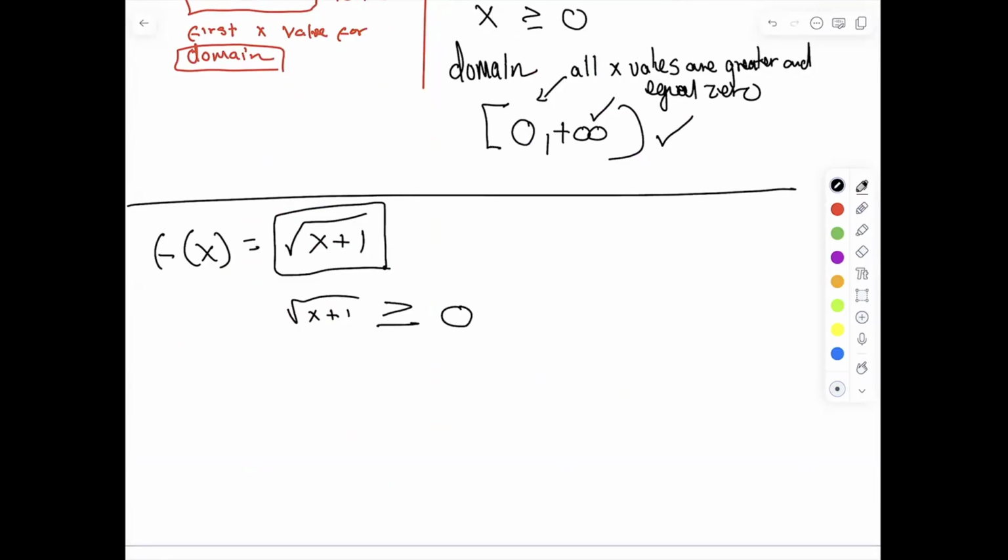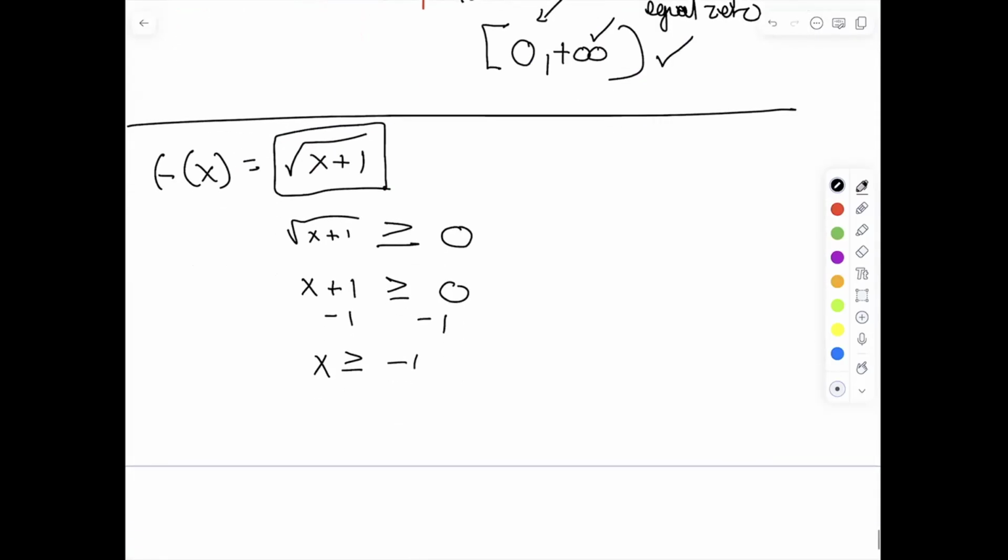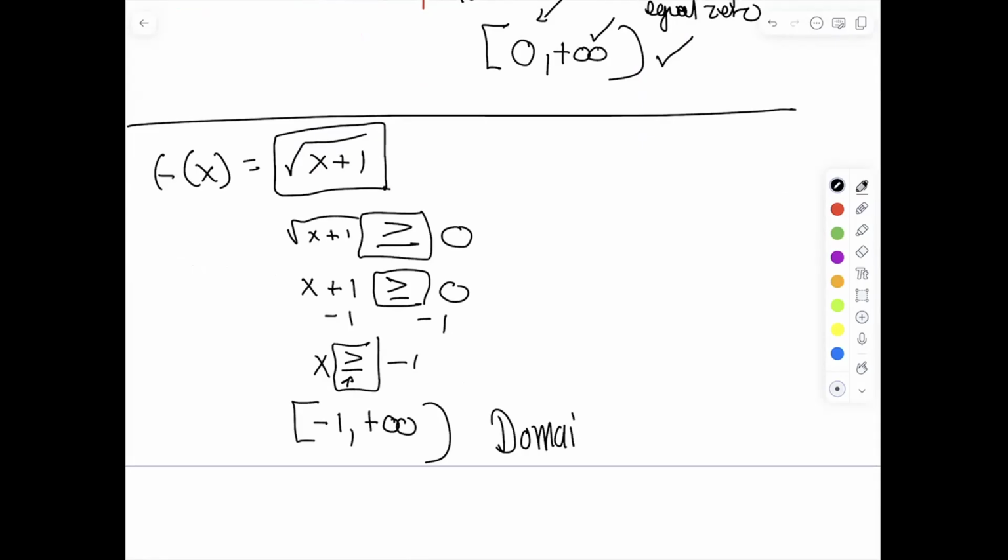I drop the square root, and this becomes x plus 1 is greater than or equal to 0. Subtract 1, x is equal to, well, not x is equal to because there's no equal sign there. There is a greater than or equal to sign, minus 1. So how do I write that in interval notation? Well, bracket, because there's an equal sign here. -1, where is this going? To positive infinity, right? How do I know it's going to the right? Because this is going to the right. This is going to the right. This is going to the right, correct? So this is my domain written in interval notation.